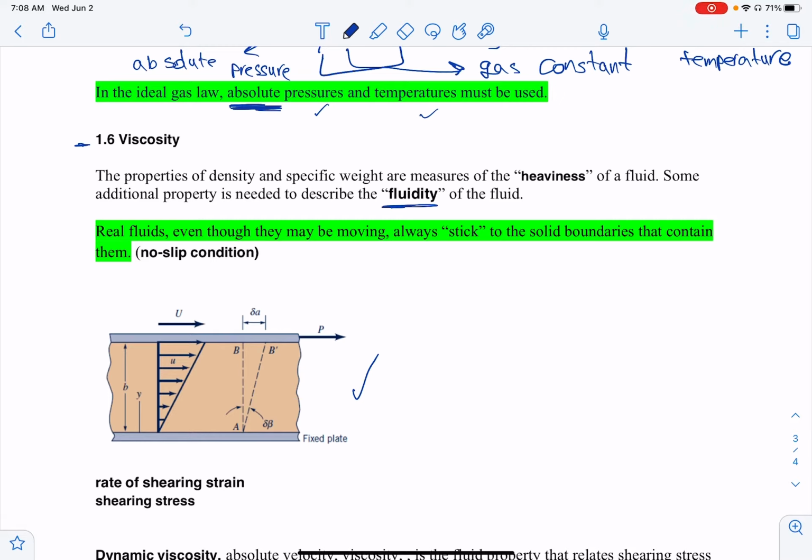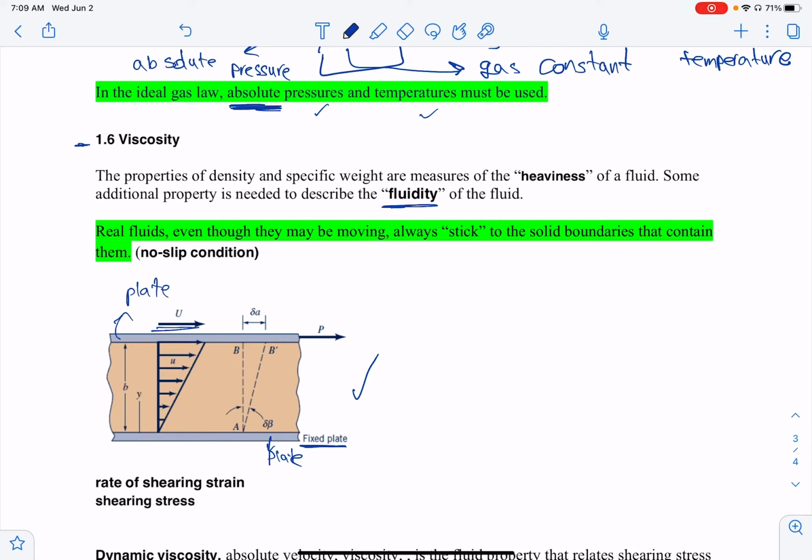This is a plate, and this is a plate, where the lower plate is fixed, and a force is applied to the upper plate, which causes the fluid to move continuously with the velocity of the plate.